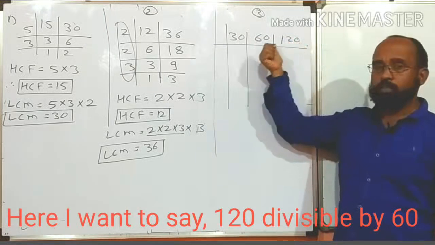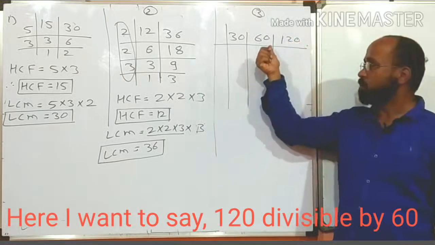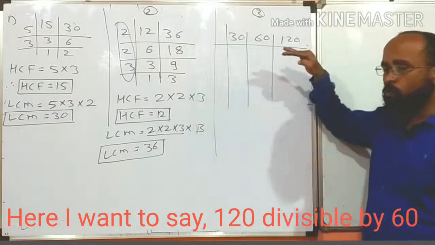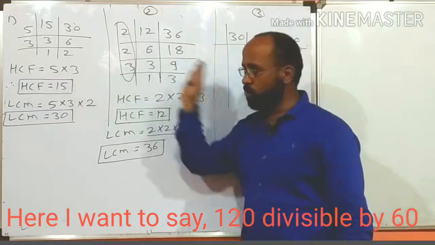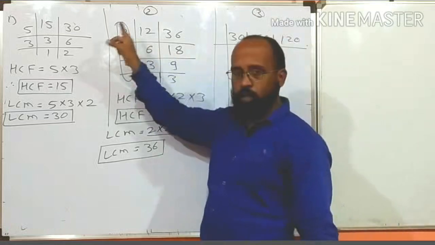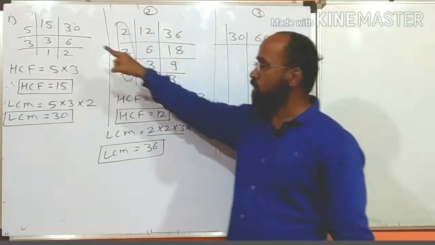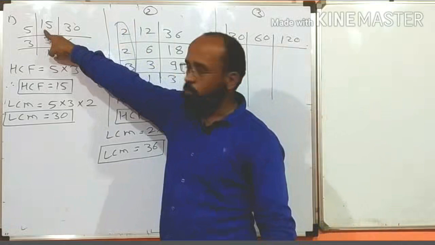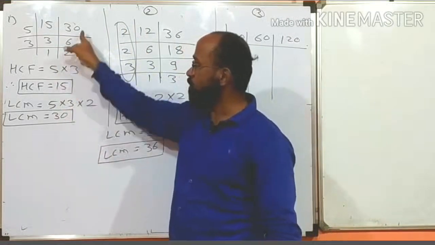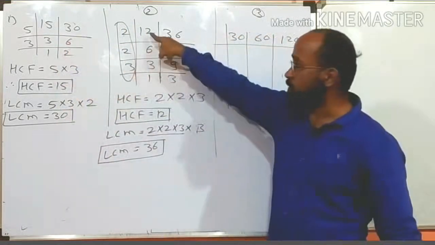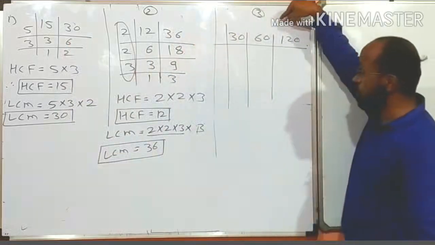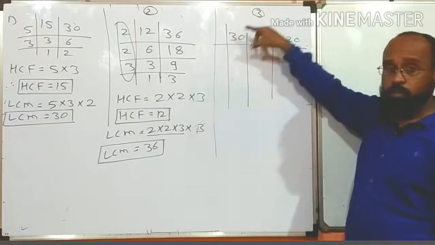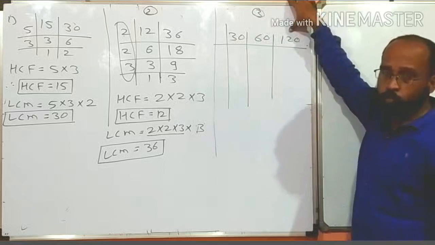So bigger number is divisible by all smaller numbers. Is it clear? So what will be HCF in this case? Based on this rule, while finding HCF and LCM of such numbers, HCF is always the smallest number and LCM is the biggest number. In the first example, HCF is 15, LCM is 30. HCF is the smaller number 12, LCM is bigger number 36. Here also HCF will be smaller number 30, LCM is bigger number 120.